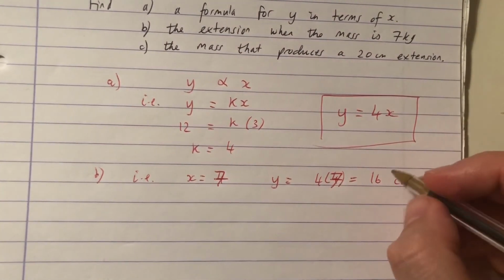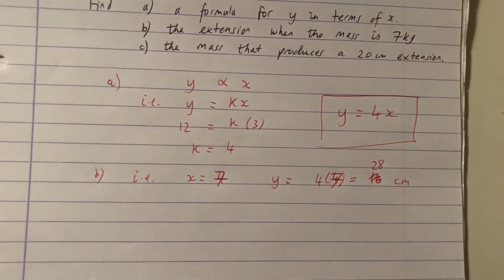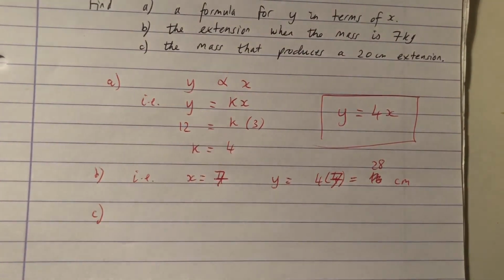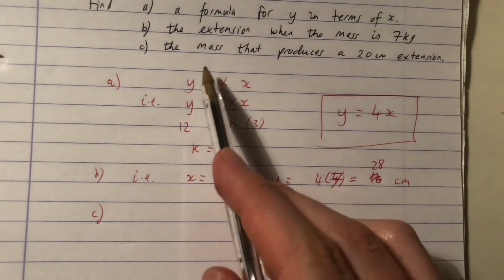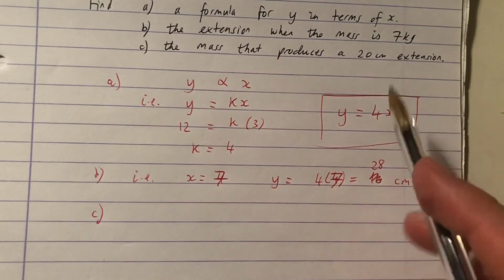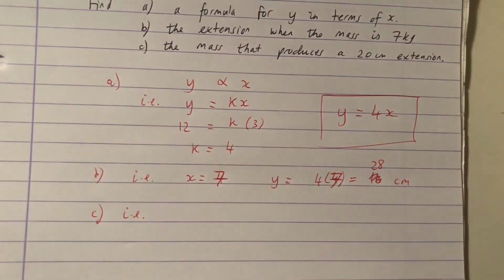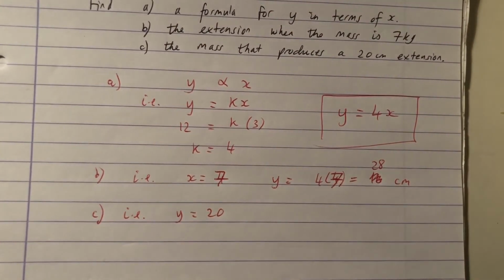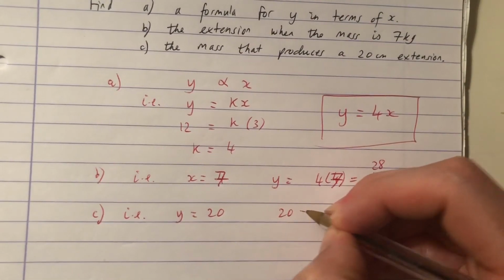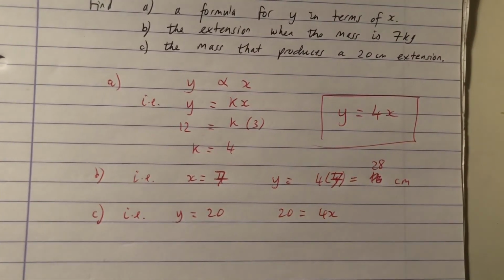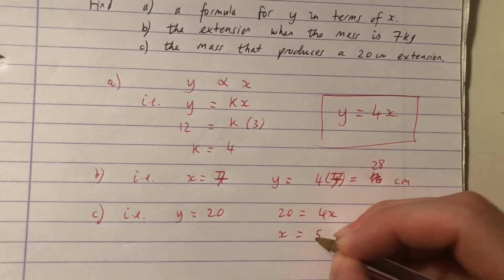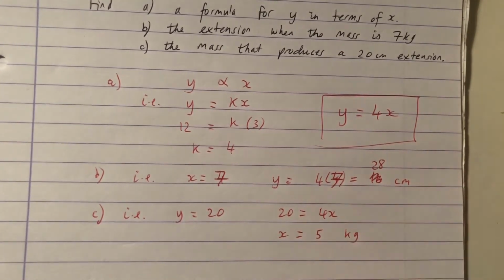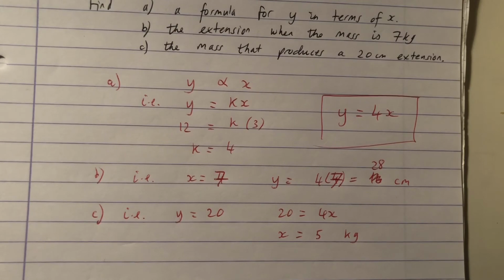Y is 4 times 7, which is 28. That makes sense. You put a heavier mass on, the extension is going to be more. Part C. This time you want the mass that produces a 20 centimeter extension. In other words, y is equal to 20, to give you 20 equals 4x, which gives you x is 5 kilograms. And that would be it.